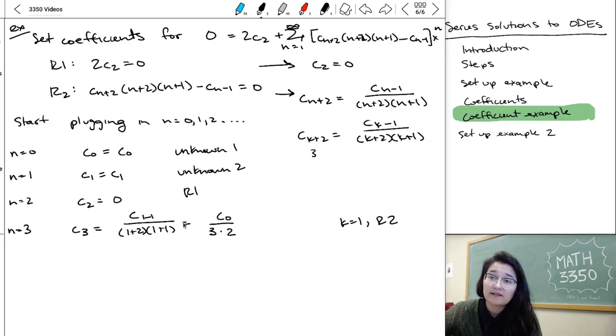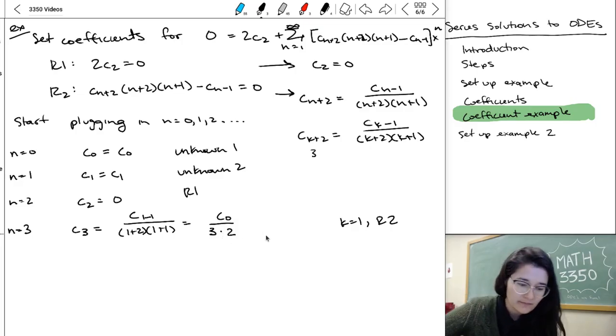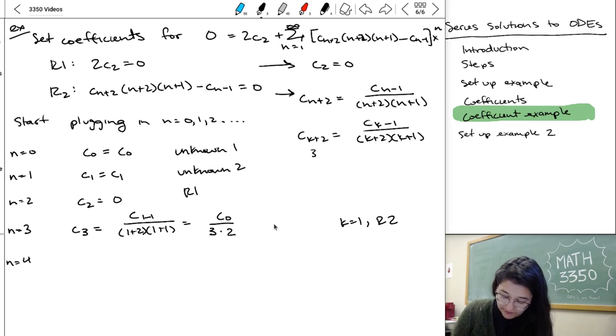Don't simplify these things that you're multiplying together, because eventually we want to find a pattern, and if you start multiplying numbers, they get really big and it's hard to tell what made that number. But if I keep saying multiply by 3, I know that's part of my pattern, so I want to keep it this way. And then I just keep going. So n equals 4 is C4. That's going to be when I plug in 2 for k plus 2.